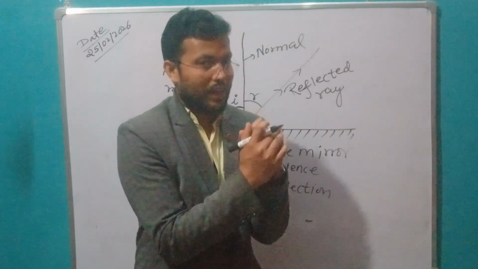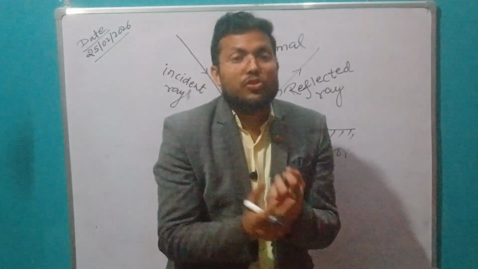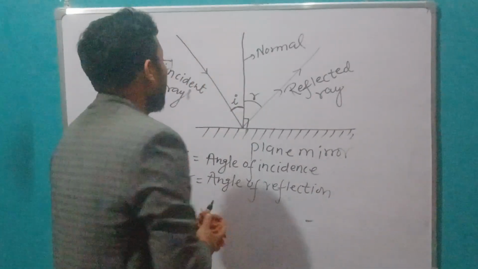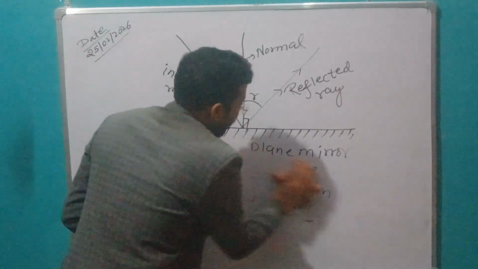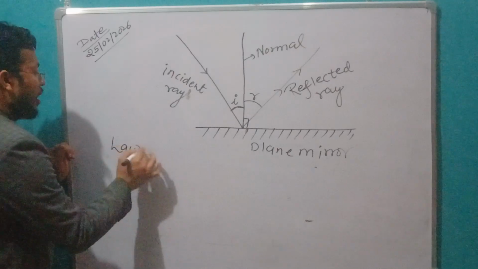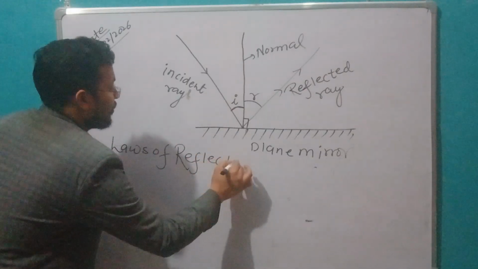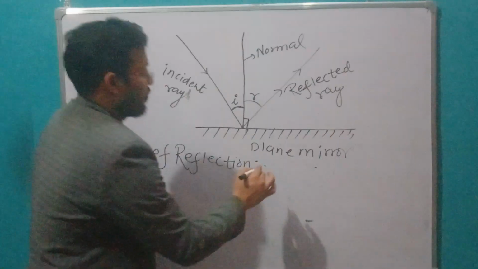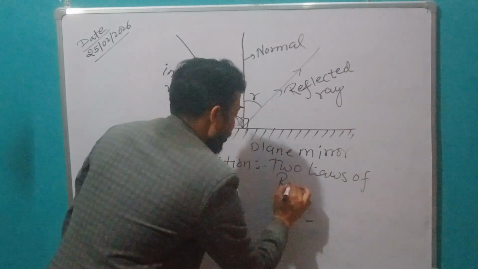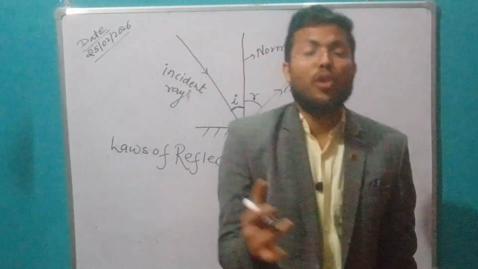What rule does the reflected ray follow when light falls on a smooth plane surface and is reflected? I explain that there are only two laws of reflection.